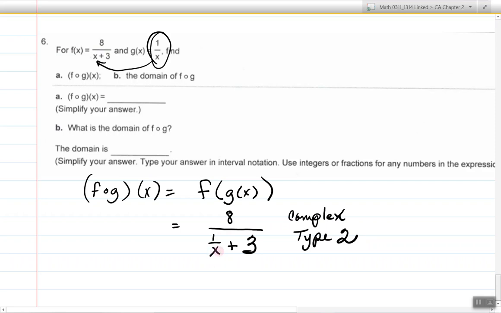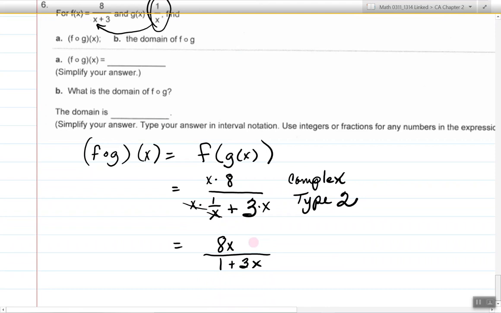So I'm going to multiply the top by x, this term by x, and this term by x. I hope you remember this simplifying process. This gives us 8x over, these divide out, 1 plus 3x. This is the composition. So this is the answer you will put right here.